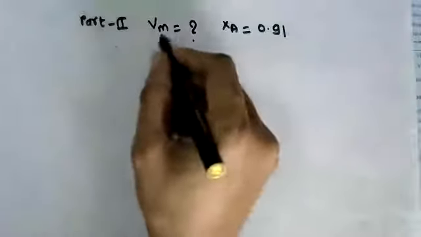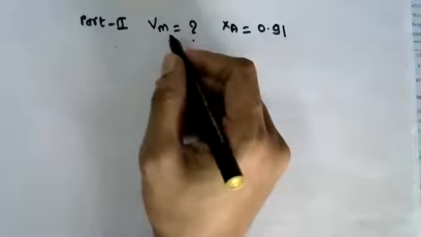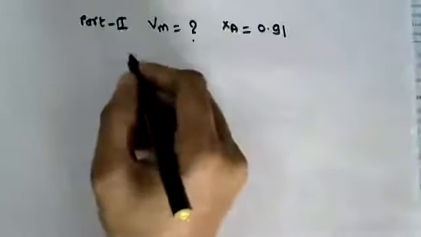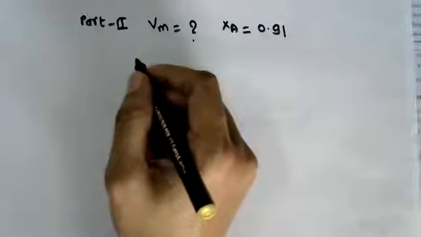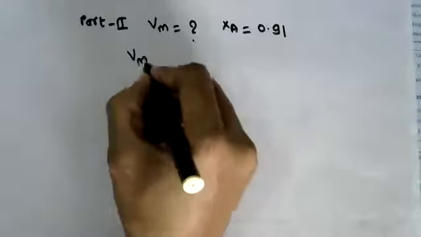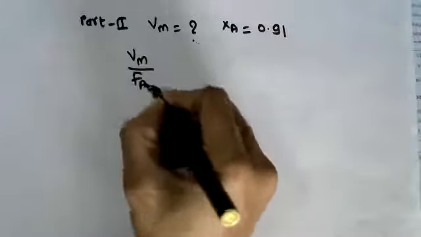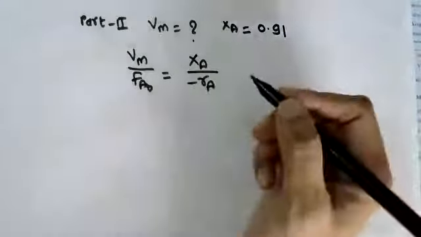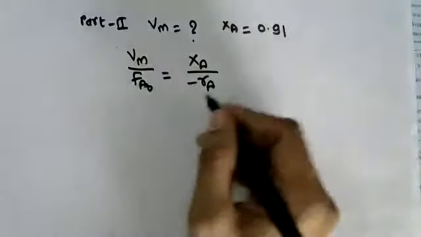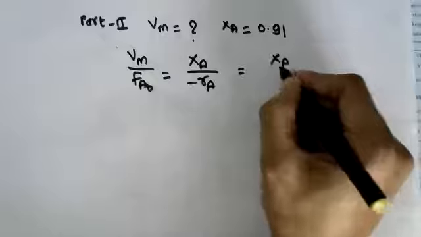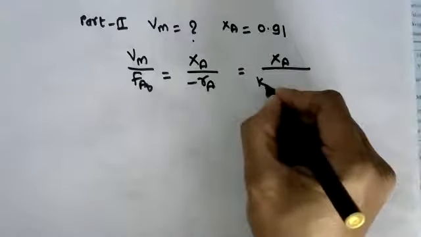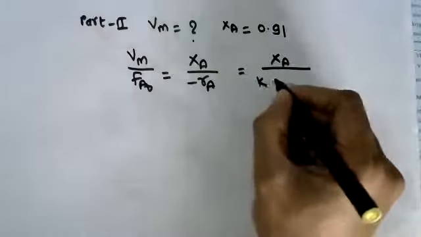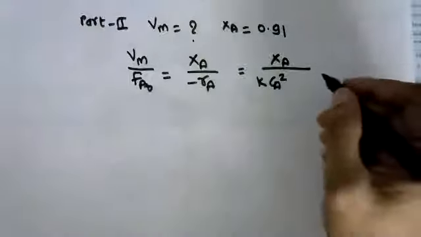Since volume is asked, we'll use the performance equation in terms of volume. The performance equation in terms of volume for a mixed flow reactor is Vm upon FA0 is equal to Xa upon minus Ra. We have already discussed that minus Ra is equal to k CA squared.